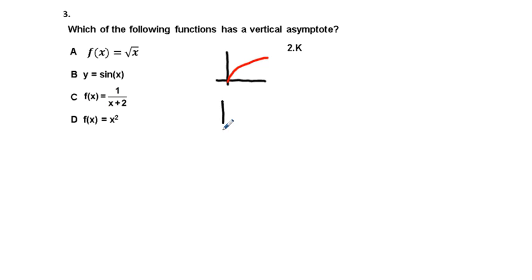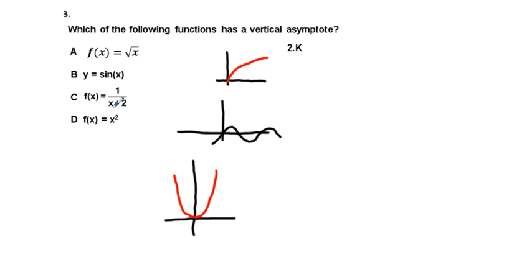Problem B, well, we already had one similar to problem B. That's going to be this sine function, no vertical asymptote. Answer choice D is going to be the parent quadratic function, no vertical asymptote. It's only this one, 1 over x plus 2.